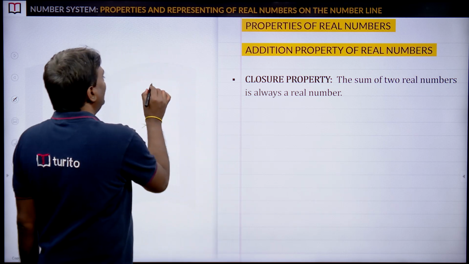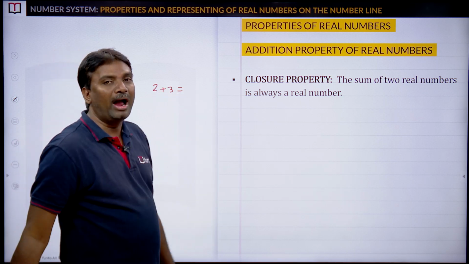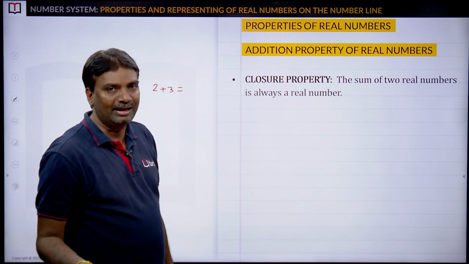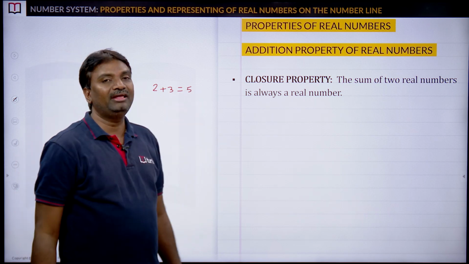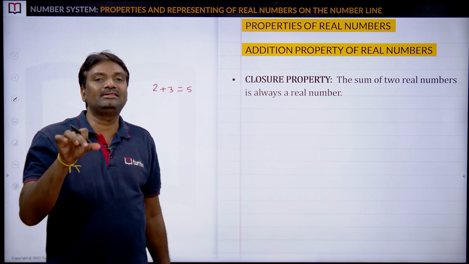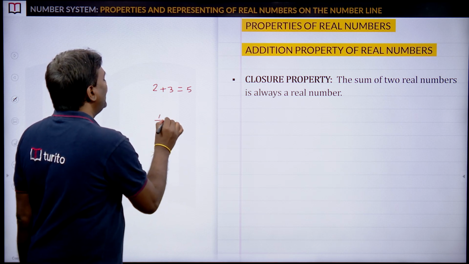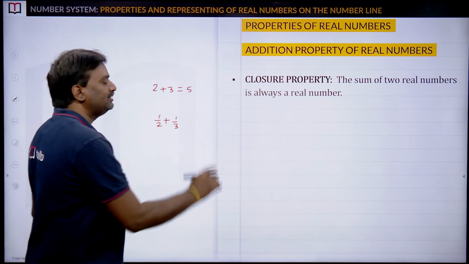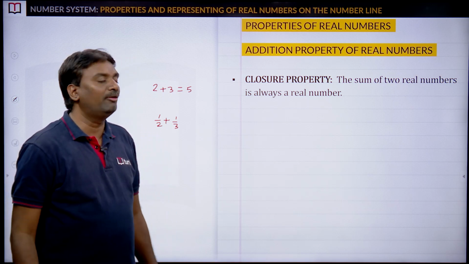For example, if we take 2 plus 3, clearly we know 2 and 3 are real numbers. By adding them, you will get 2 plus 3 equal to 5, that is also a real number. It is not necessary to take integers. If you want, you can take 1 by 2 plus 1 by 3. These are rational numbers because they are in the form of p by q.